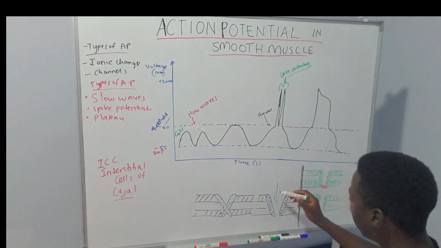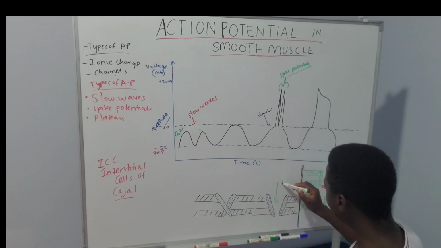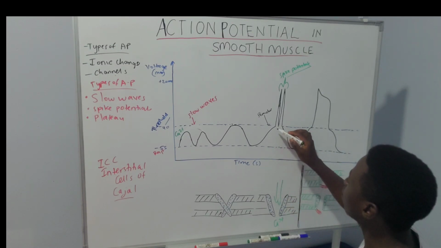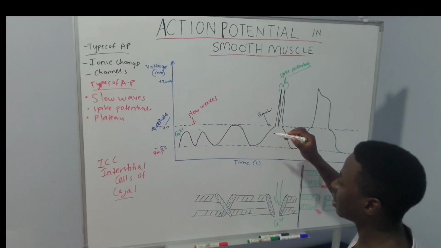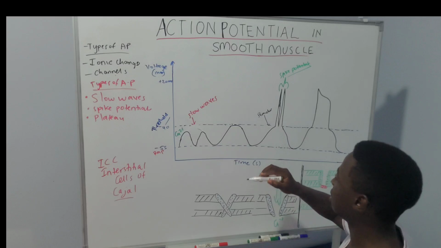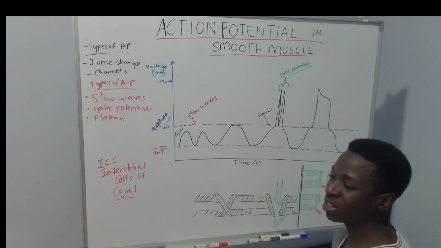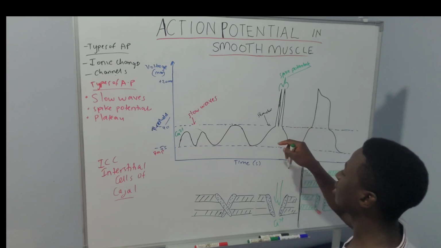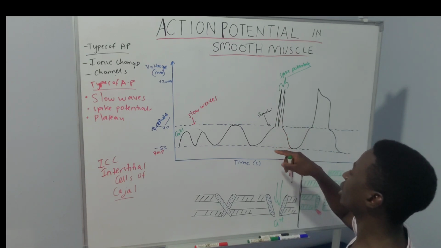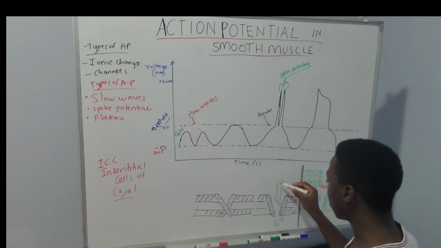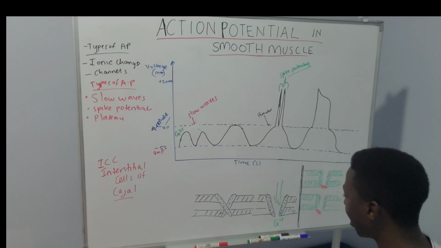This rapid inflow of calcium ions into the cell causes a rapid, drastic change from electronegativity towards positivity. So there is a rapid depolarization. The spikes that occur during this action potential are basically due to the influx of these positive calcium ions.